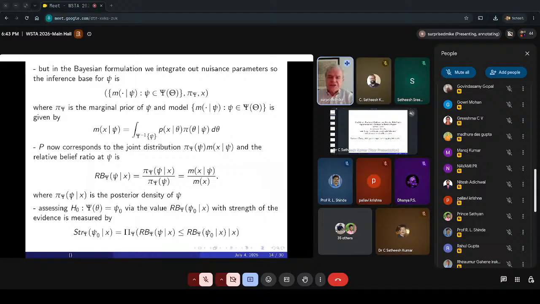Well, it's something that's proportional to the probability of the observed data as a function of the parameter, and that's exactly what I have here. So I can just go right ahead and apply everything I just said about measuring evidence. I've got the relative belief ratio for psi naught to assess the hypothesis that psi naught is a true value, and I get the strength in the same way, right?